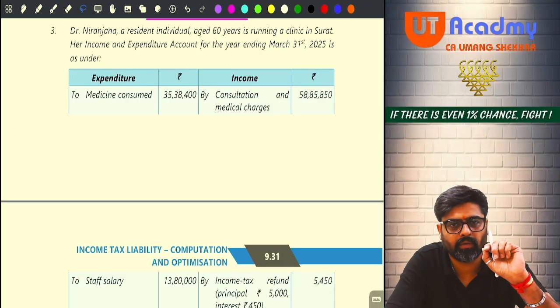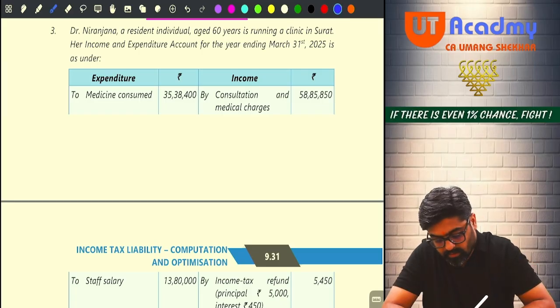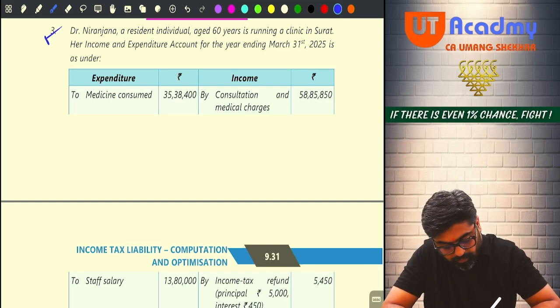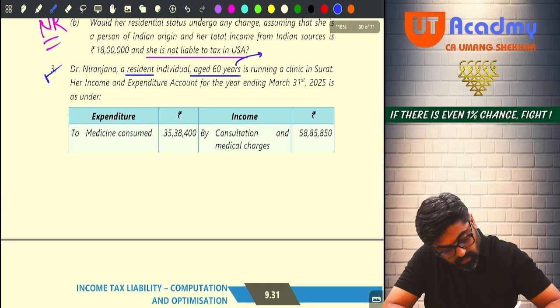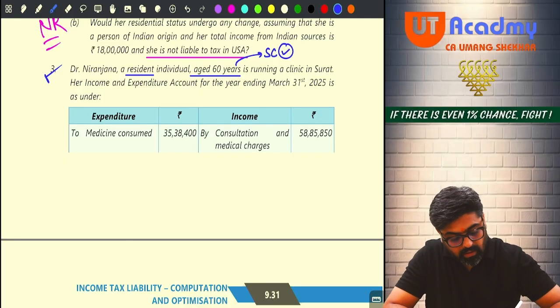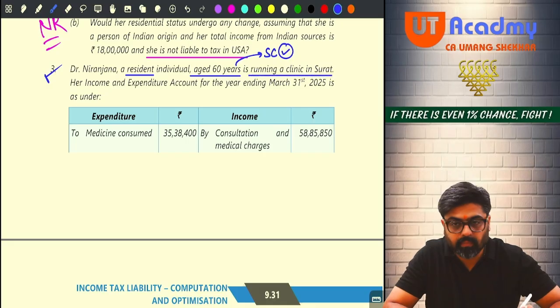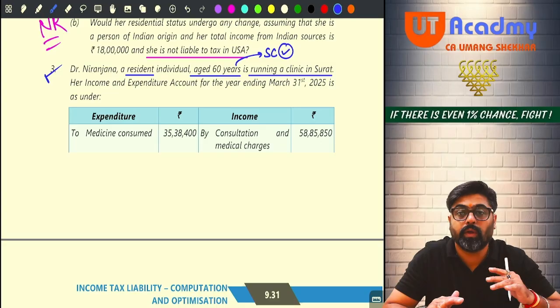Okay. So what are we going to do? We are going to do question number 3 now. Dr. Niranjana, a resident individual aged 60 years, meaning senior citizen, resident plus 60 or more, running a clinic in Surat, meaning a doctor is doing a profession.